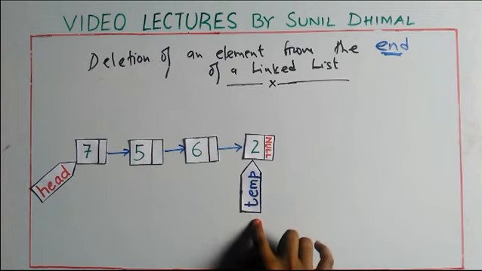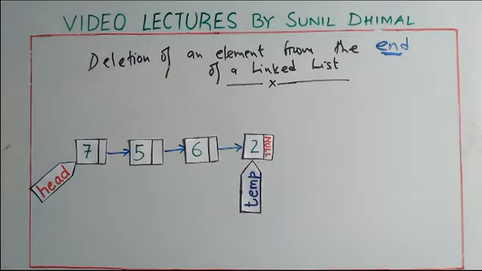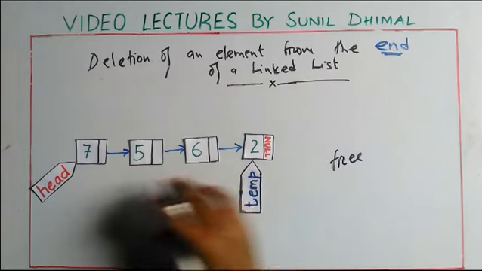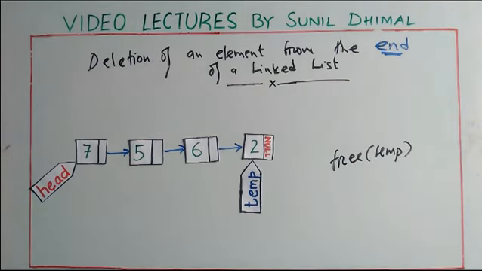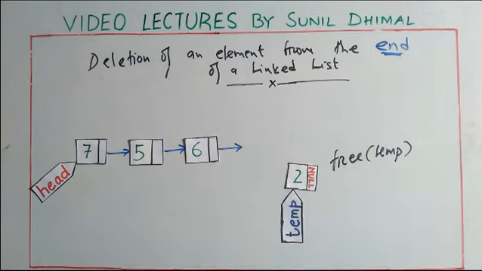Make this temp point to the last node of the list. And if we simply perform this operation, that is, after moving this to the end, if I do free temp, it deletes the last element from the linked list.